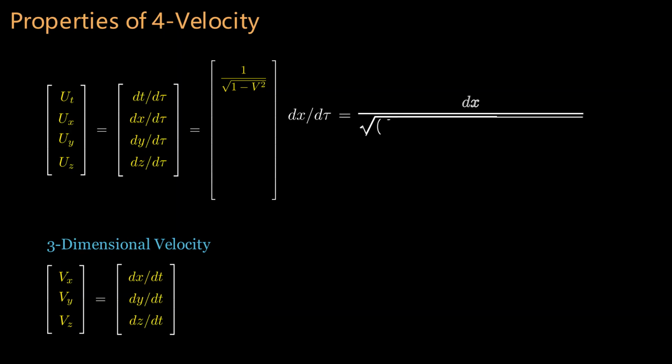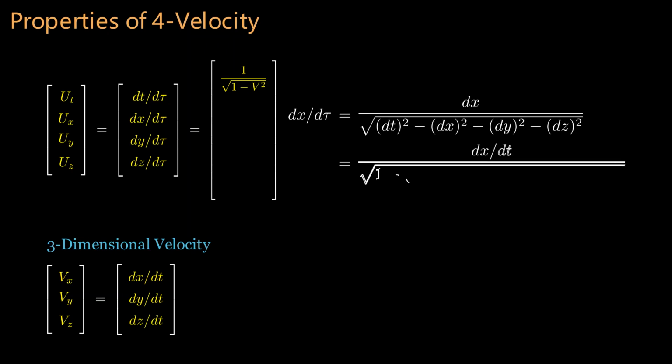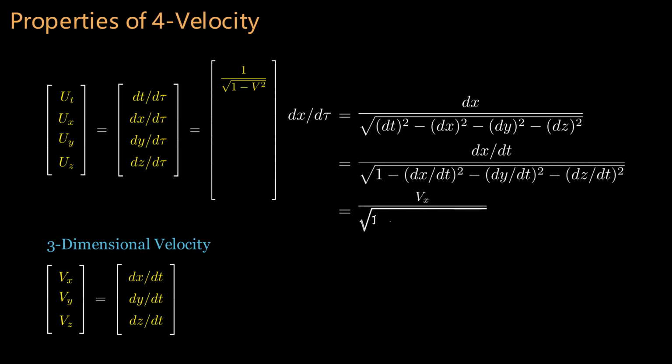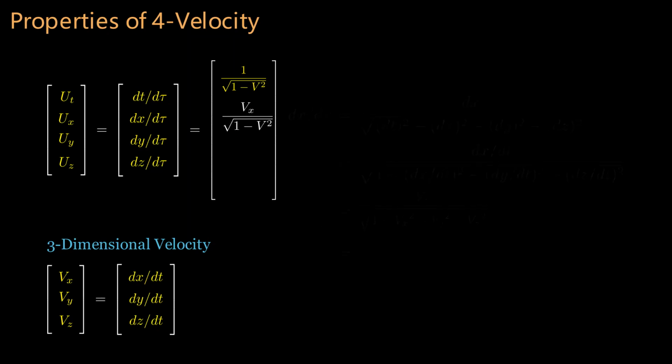Similarly, the spatial component of 4-velocity, dx divided by d tau, can be calculated. The components of 4-velocity in the y and z directions can be calculated similarly. This is the relationship between 4-velocity and the 3-dimensional velocity we commonly refer to. 4-velocity can be derived from 3-dimensional velocity.